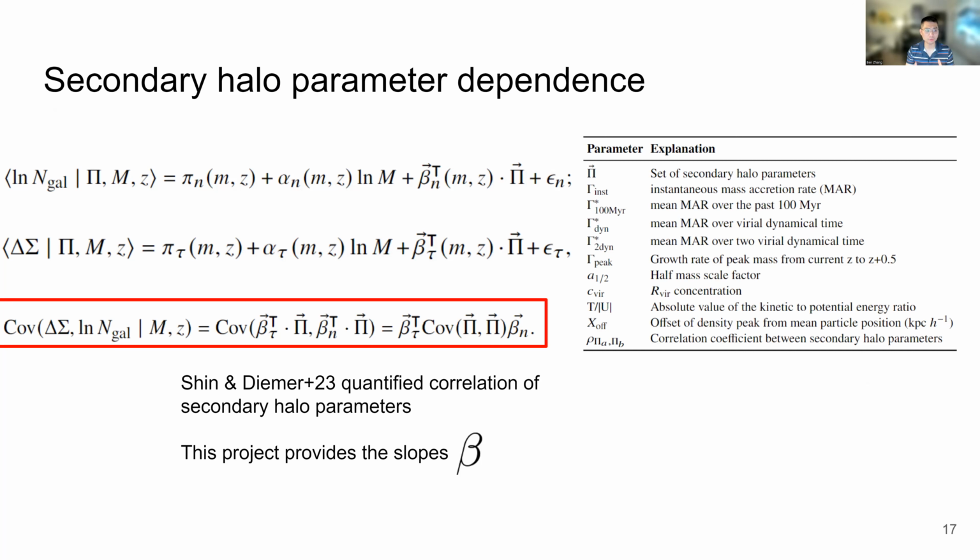Using this model, the covariance takes on the form of this matrix equation as given by this red box.